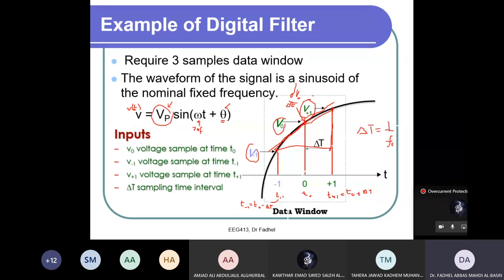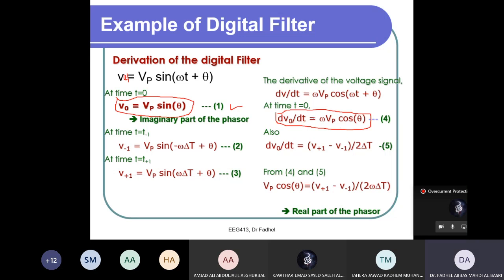So what's the slope from this angle? This is approximately the height, v plus minus v minus, divided by the time, which is 2 delta t. That gives me an approximation to the derivative at time t0.